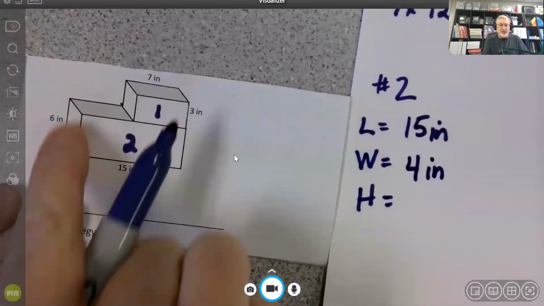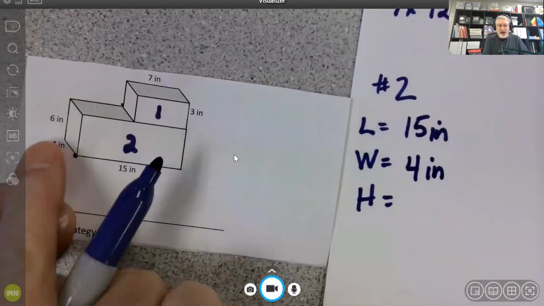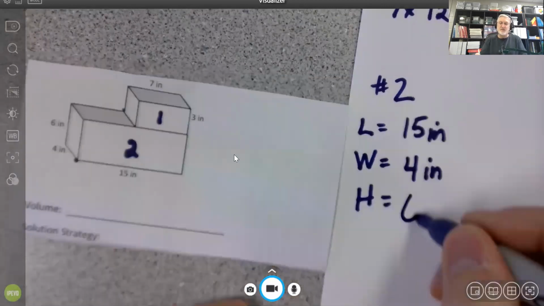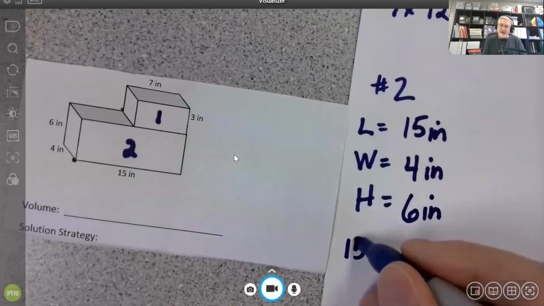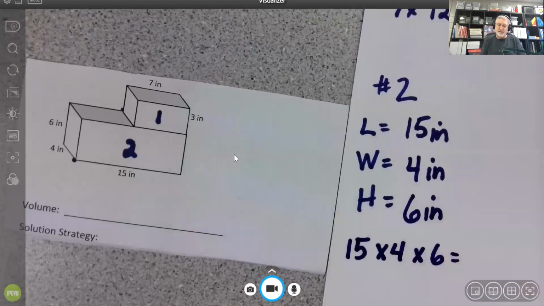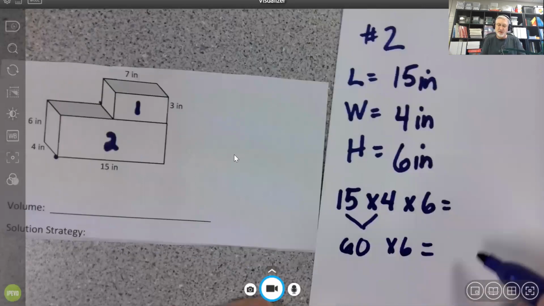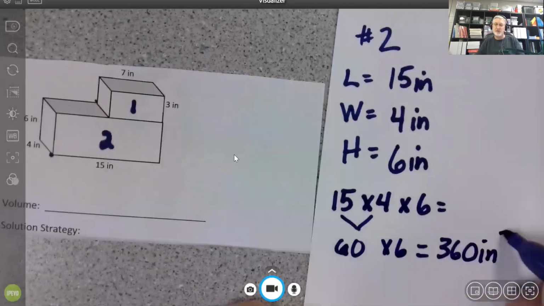And I know my height is how high it is. I look in the back, it says that it's 6 inches. So I have my 3 dimensions again for shape 2. So I will go 15 times 4 times 6. All right, so I know 15 times 4 is 60. 60 times 6 would be 360 inches cubed.